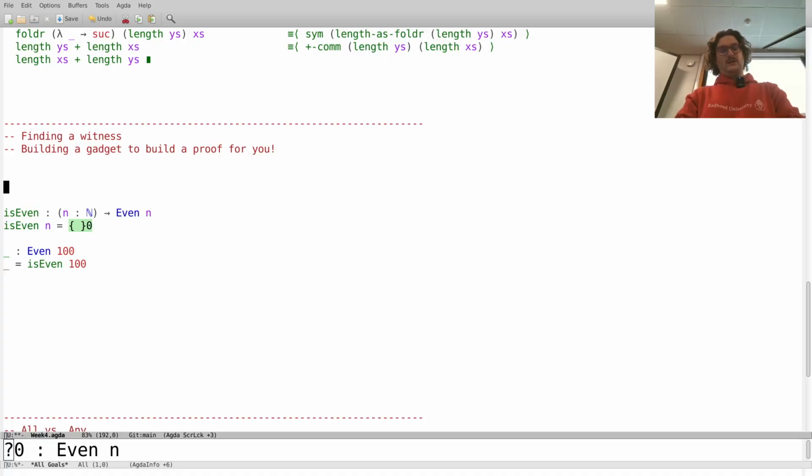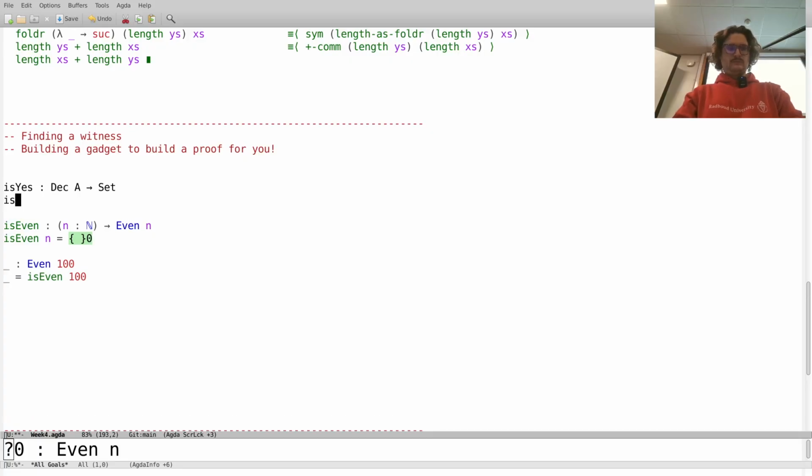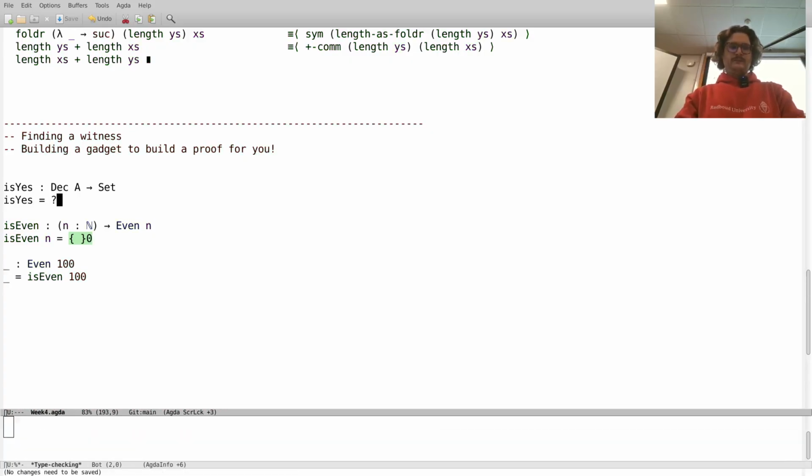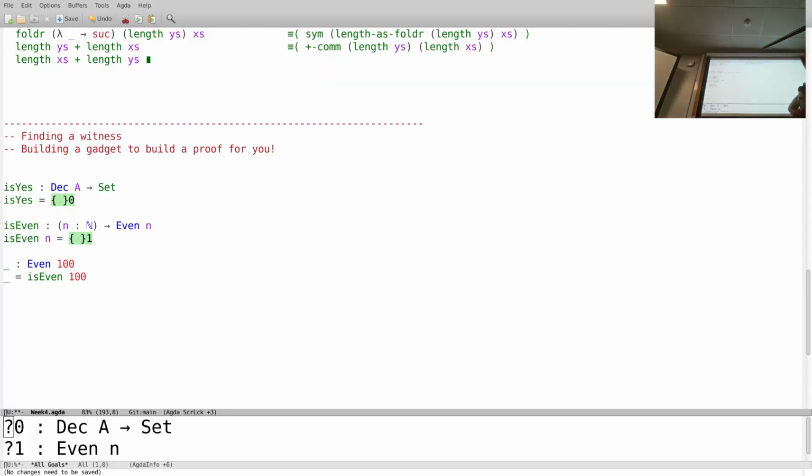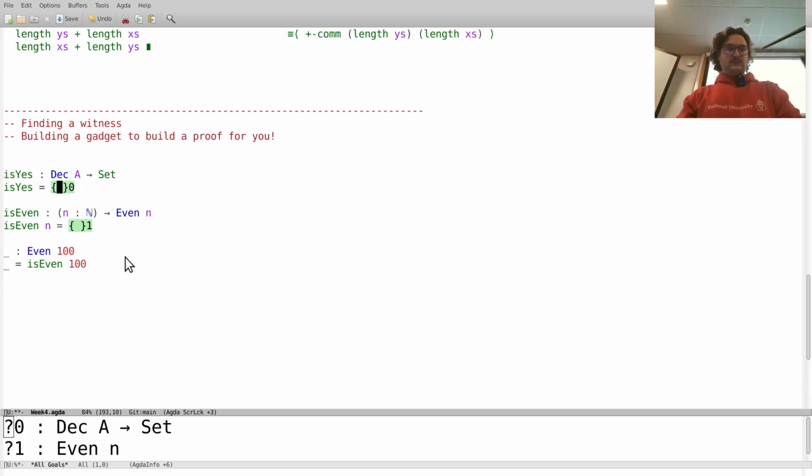So let's see, maybe I can write it like this. Rather than focusing just on being even, we can actually express that statement for arbitrary computations. What does it mean for a decision procedure to say, yes, you indeed have a proof of A rather than not A? Very easy.